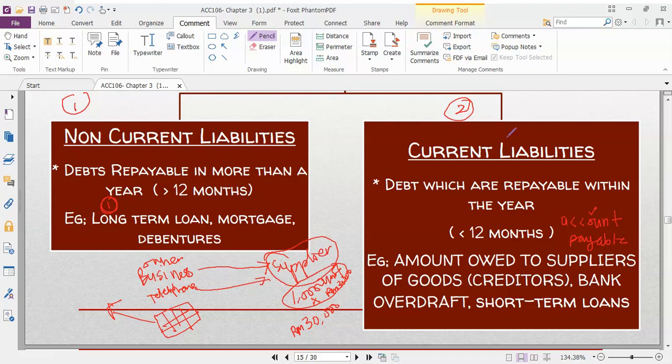I just want to ask someone to explain back what the difference is between account payable and account receivable. I want to ask Atikah Ghazali. Atikah, earlier you said, yes, I understand. Okay, someone else then. Can you explain the difference between account receivable and account payable?